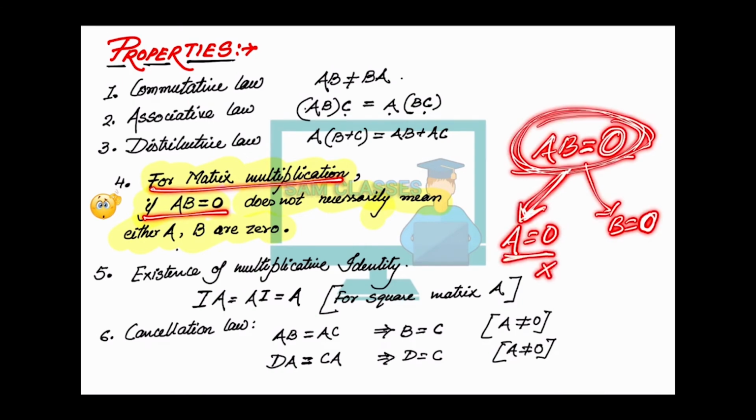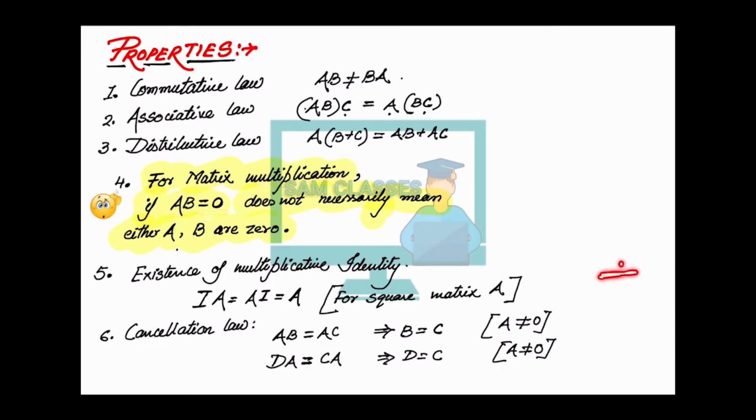You'll say no, we can't say that A has to be 0, or that B has to be 0. Okay, students, so be very careful in this. Next is existence of multiplicative identity. Very simple. If you multiply anything with I, or a unit matrix of that order, you'll get the same matrix A only. So that is known as existence of multiplicative identity.